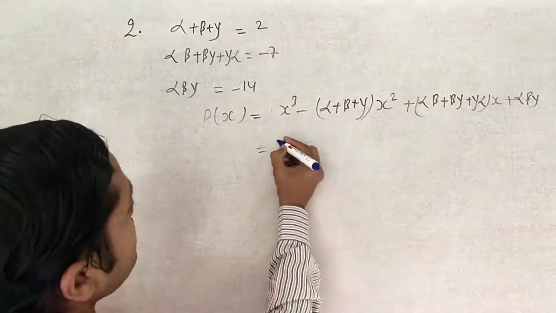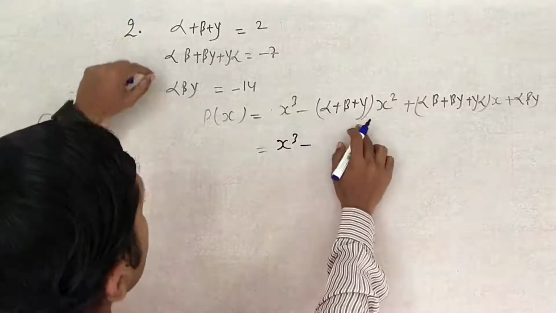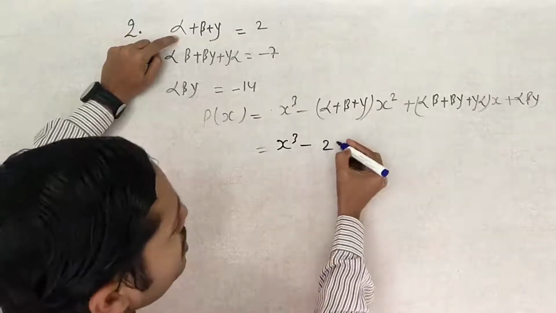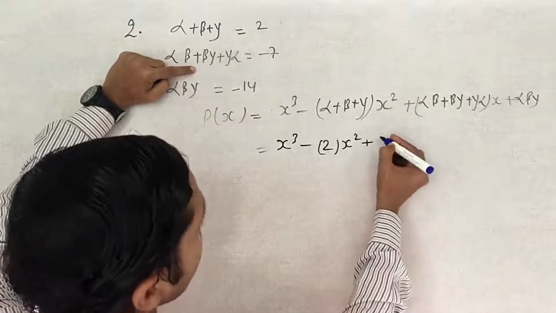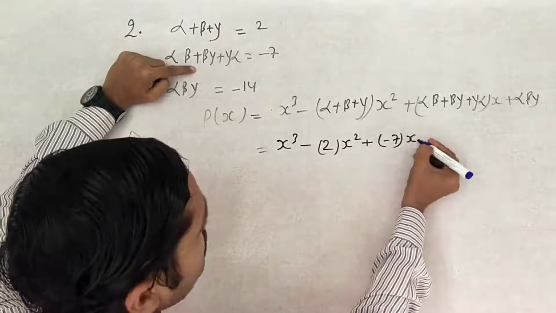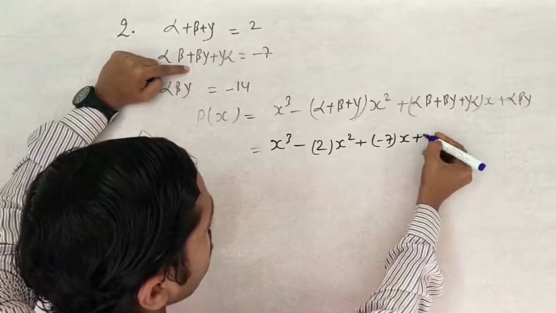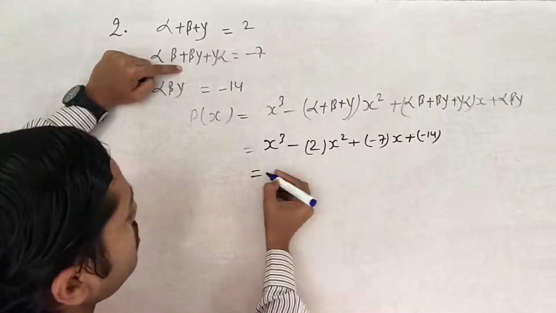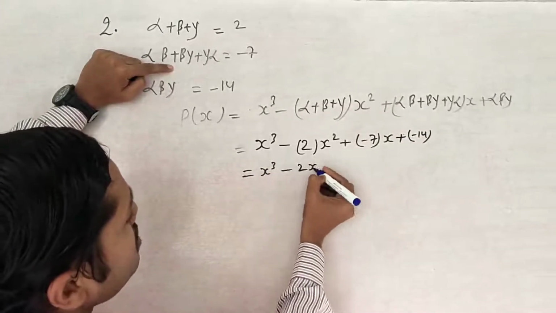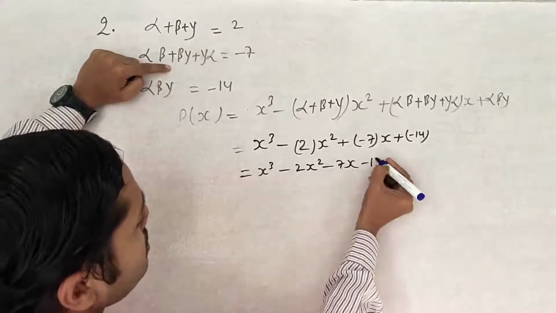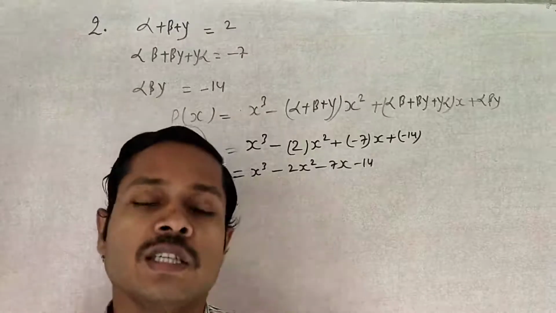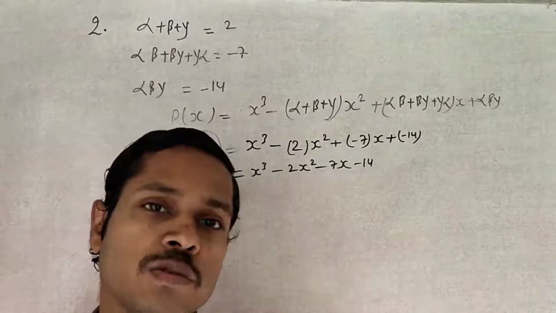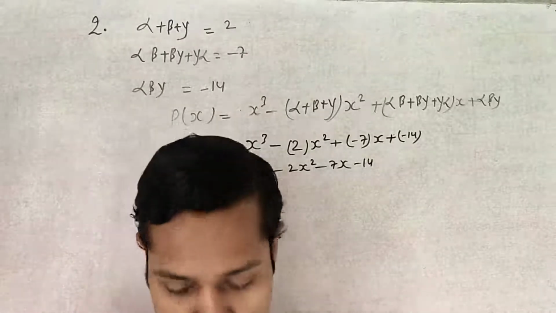We can write x cube minus 2 into x square plus minus 7 into x plus alpha beta gamma, which is equal to minus 40. So x cube minus 2x square minus 7x minus 40. This is the solution. Clear students? This question is not very hard, so all of you copy this question.